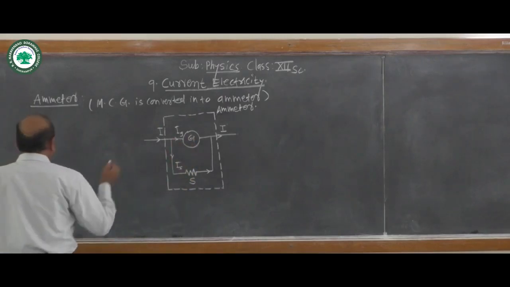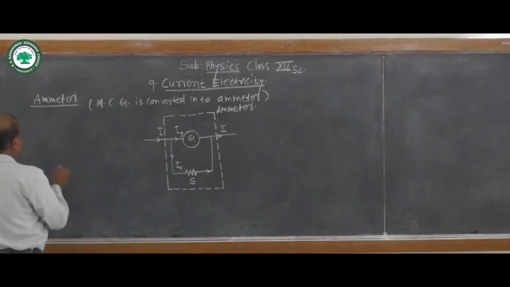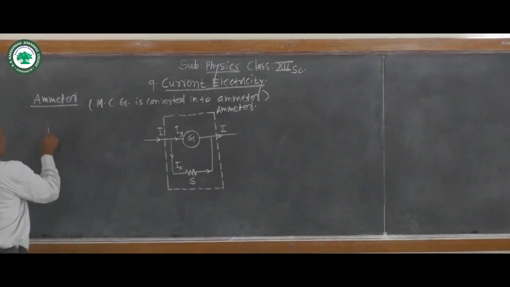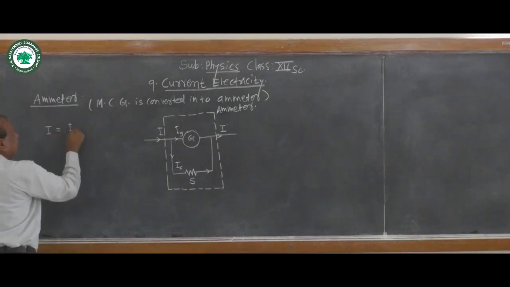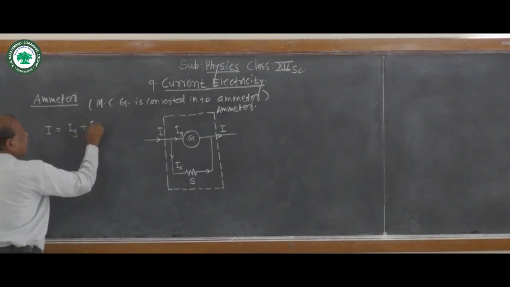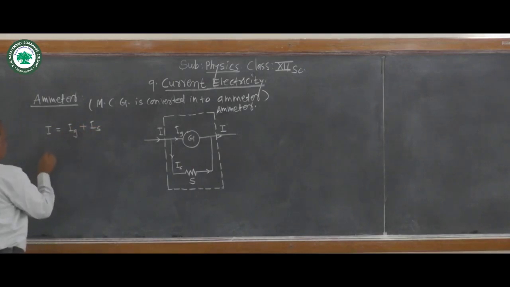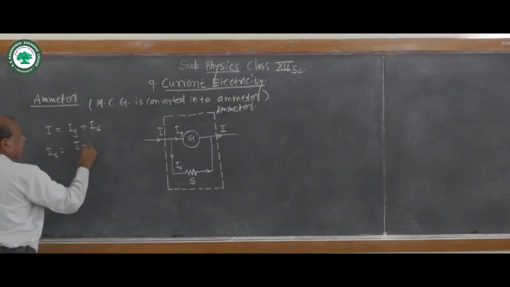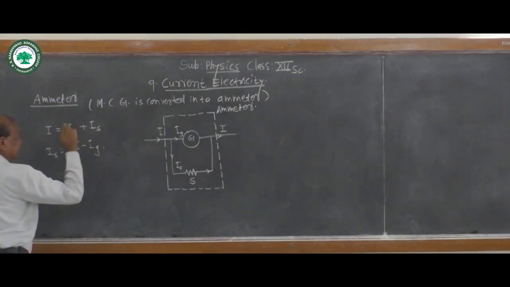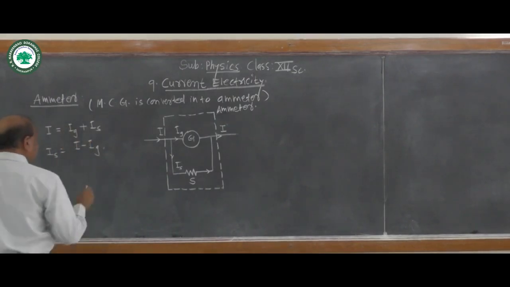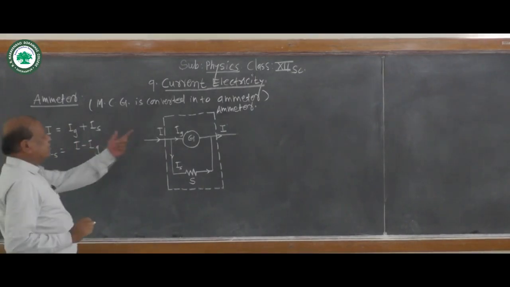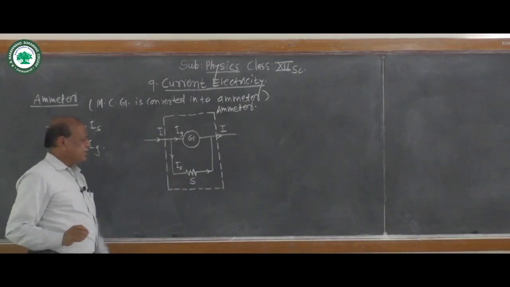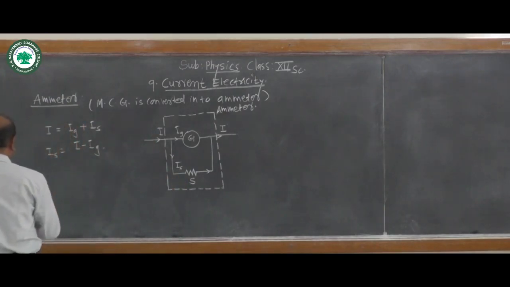Now from this circuit, the total current flowing through the ammeter is I equal to Ig plus Is, and so Is is equal to I minus Ig. Here the galvanometer of resistance G and this shunt resistance S are parallel.